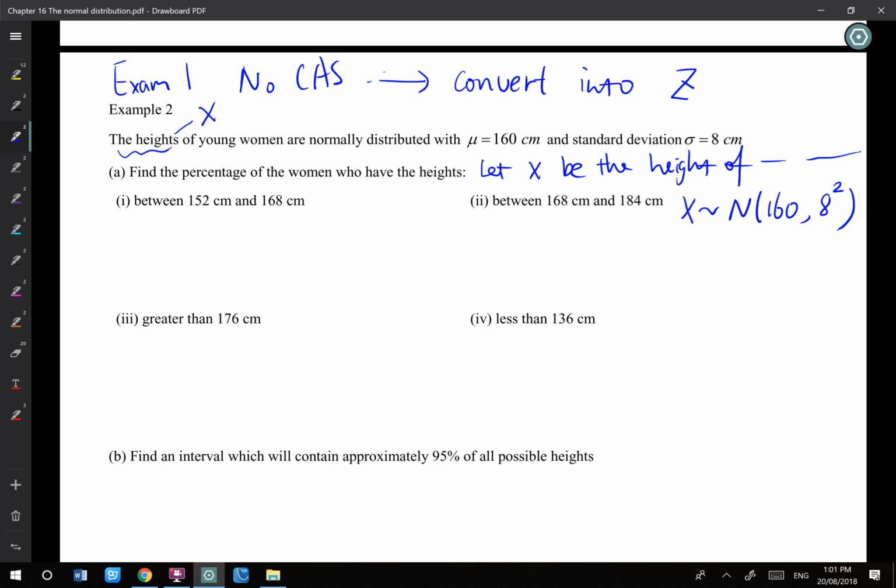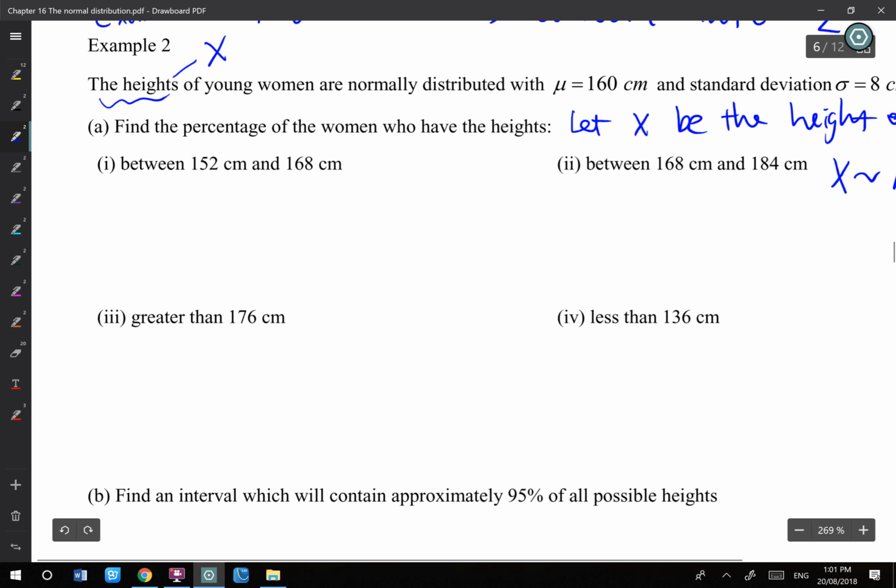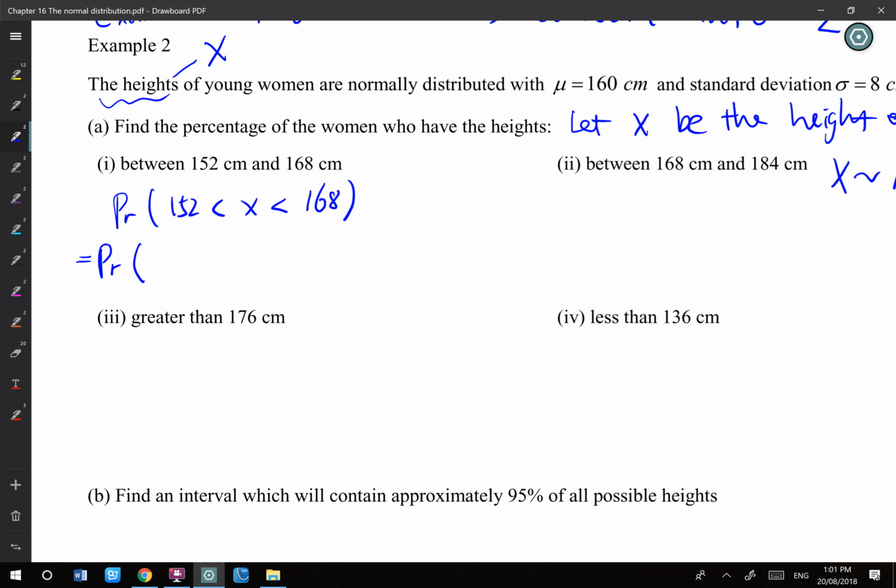Okay, so what I want is the probability. What's the percentage of women whose height is in between 152 and 168? I want the probability of that. If it's a 1 mark question, I can directly give the answer, count how many standard deviations there are.